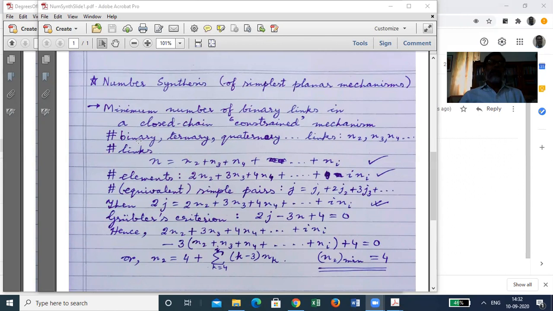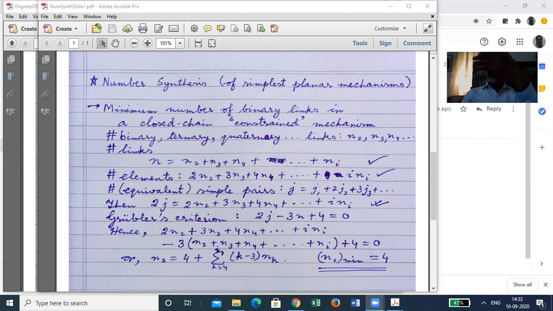Okay. So we denote the number of binary links as n2, number of ternary links as n3, number of quaternary links as n4, and so on. Then the total number of links in the mechanism will be like this. And if these many links are there, every binary link will have two pairs with two other links. So in each pair, each participating link will contribute one element.